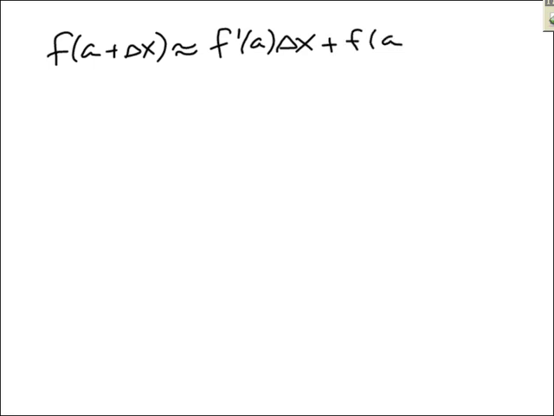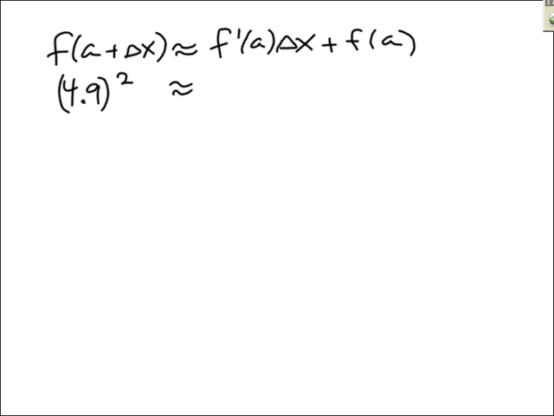Okay, now remember that f of a plus delta x is approximately f prime of a times delta x plus f of a. And it asks you to approximate 4.9 squared.